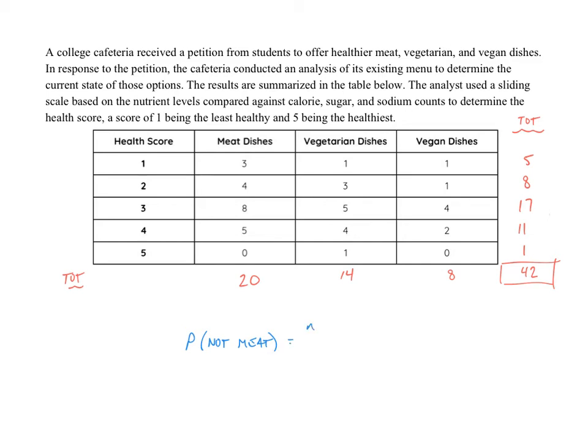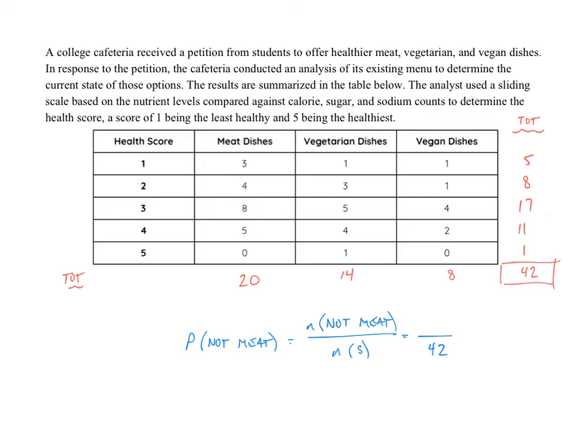What is the number of dishes that are not meat dishes divided by the total number of dishes in the sample space? So again, the number of dishes in the sample space is 42. We haven't changed that yet. We haven't run into a situation where the sample space has been restricted at all.